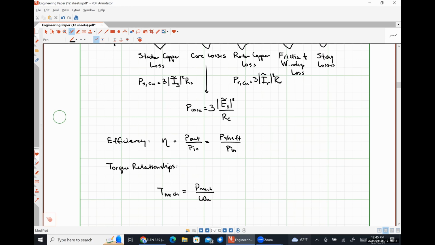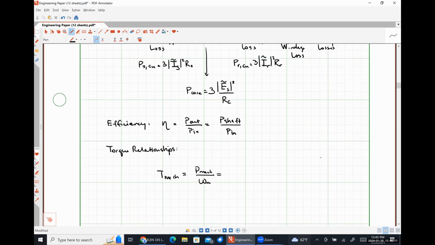But we know that omega m is equal to omega s times a factor of 1 minus s. Right? So that's the angular frequency at which our stator field is rotating times 1 minus the slip.